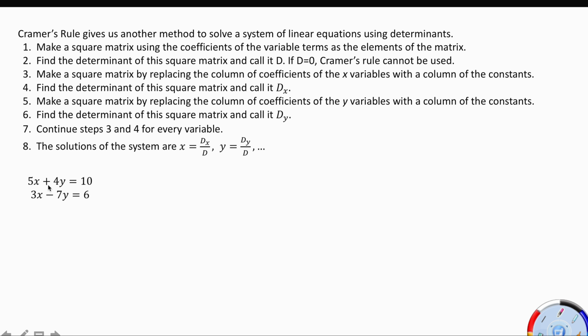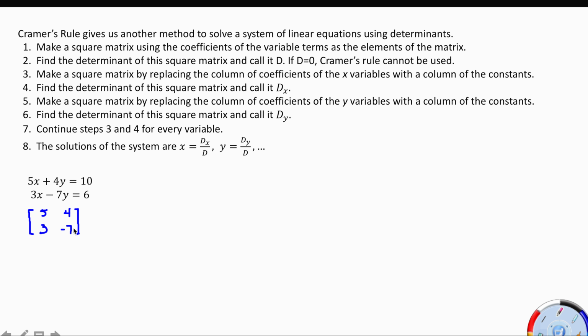Let's say I'm trying to solve this system and I'm going to use Cramer's rule. The first thing I want to do is make a matrix of the variable coefficients. So I'm going to make a square matrix using just the coefficients of the variables.